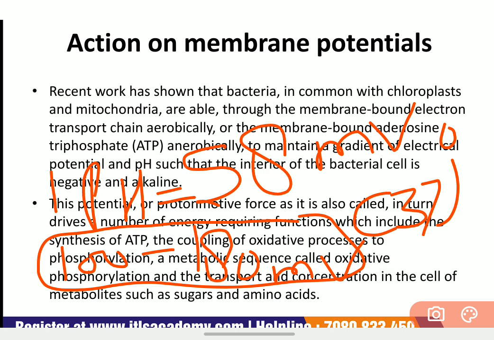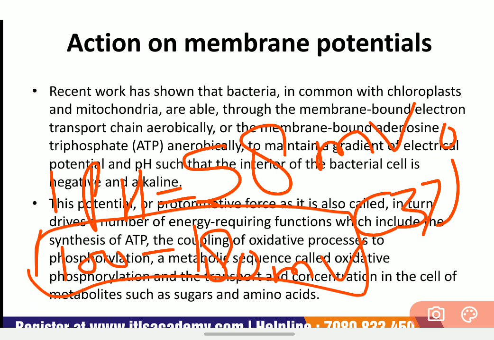Again I am repeating, if the potential gradient and the electrical equivalent of the pH difference, that is, one pH unit is 58 millivolts, at the temperature 37 degrees centigrade, then there will be a potential difference of approximately 100 to 180 millivolts across the membrane.